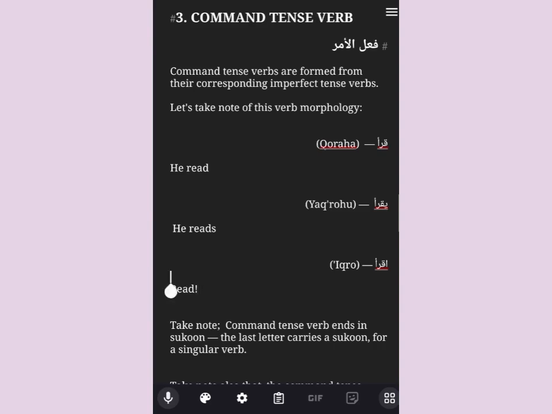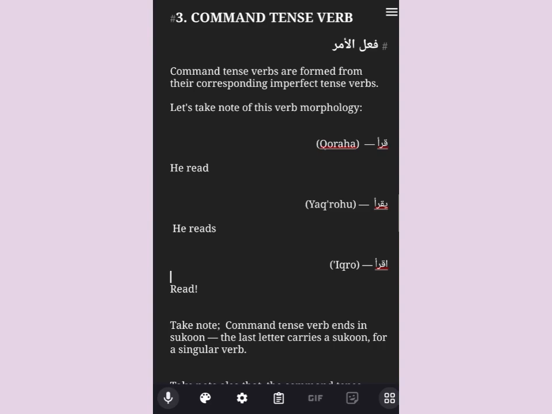We've also talked about how we form the present tense, or imperfect tense, verb. So we have قرأ as the ماضي verb, and يقرأ as the مضارع verb. Now from this مضارع verb, we take our command tense. So we just say اقرأ.